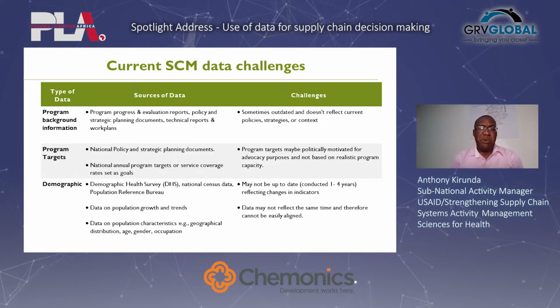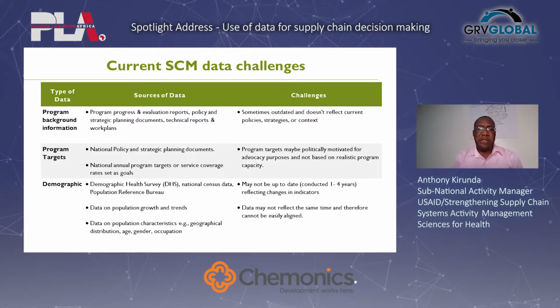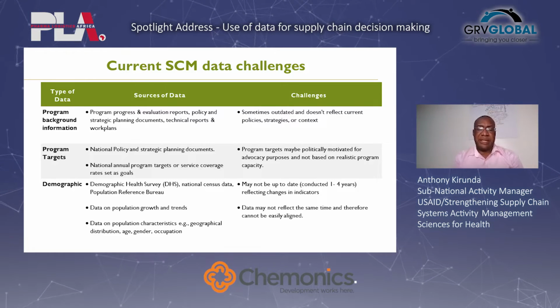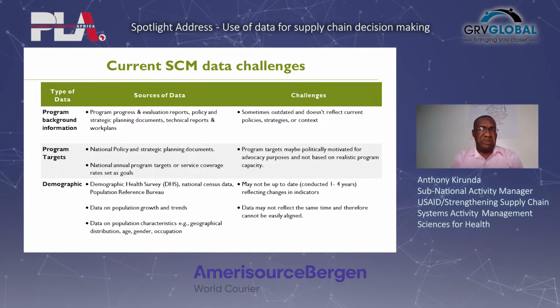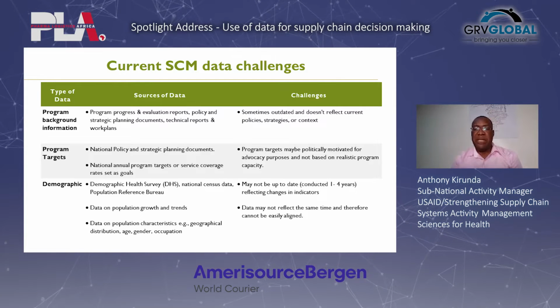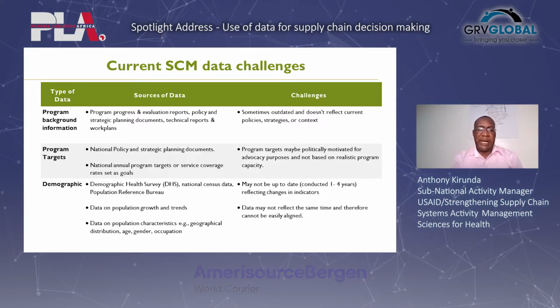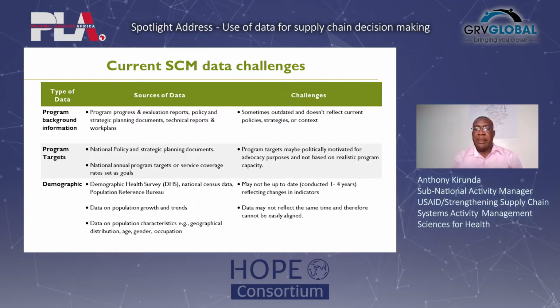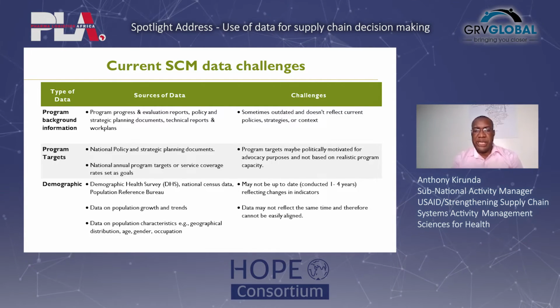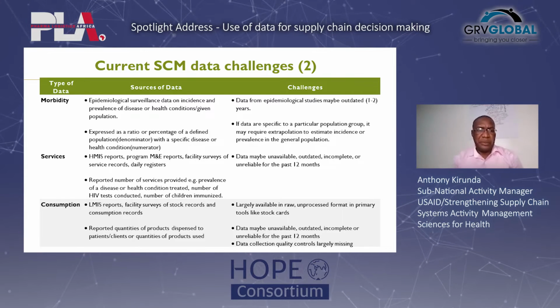But we can also use demographic data, though they also come with challenges. For example, the demographic health surveys take between 4 to even 6 years to be implemented, so they can be out of date. National censuses are also not carried out routinely, so they may not be up to date.